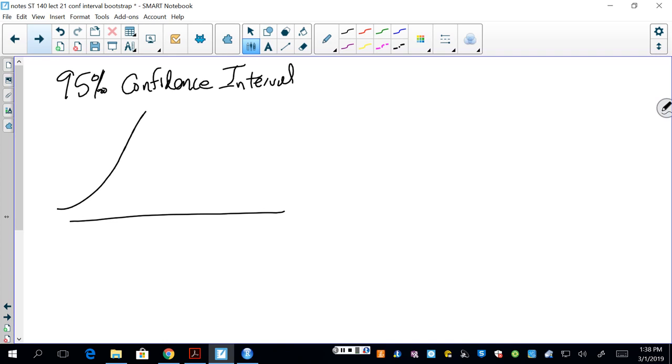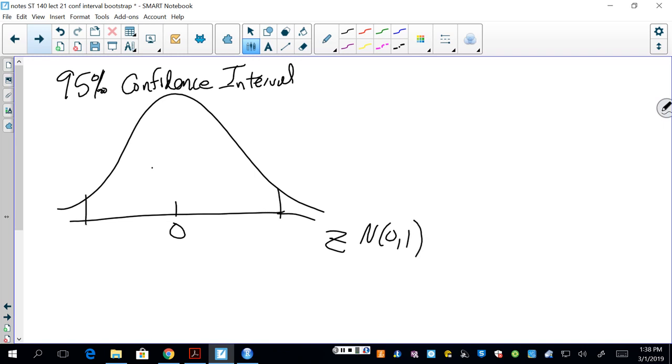Everything is relative to standard errors. If we look at a standard normal, the normal 0, 1 random variable, we want some symmetric interval in here that has 95% of the area. And we need to look up that z-value that will cut off 95% when you do plus or minus.